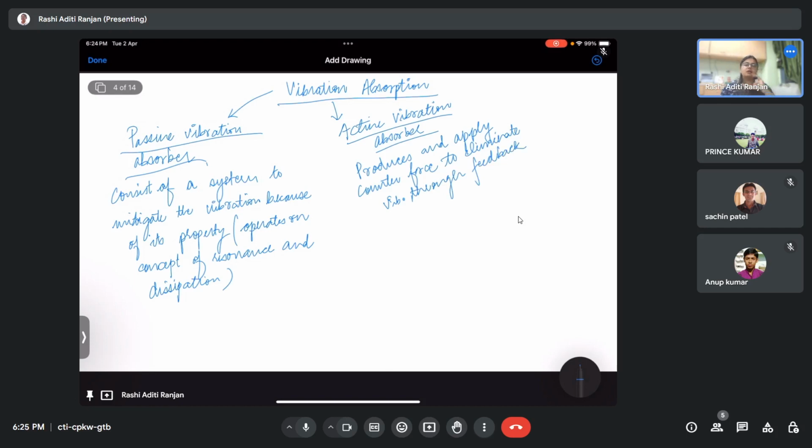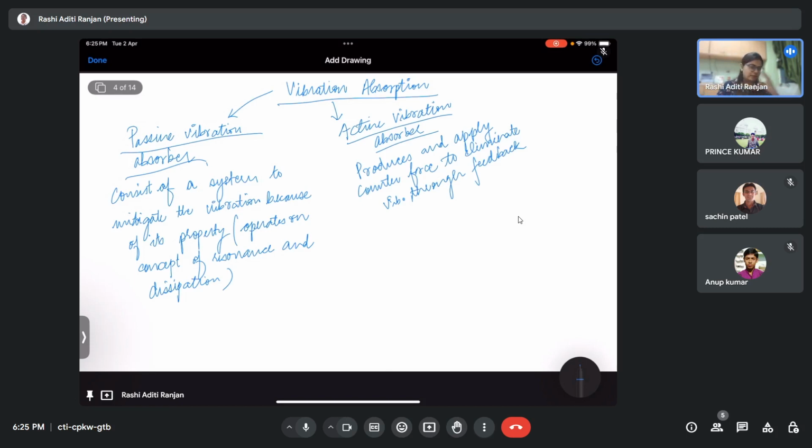Now, feedback, what does it mean? For example, if my system is vibrating, right? If I apply a sensor on it, let us suppose, an accelerometer, what is going to happen? I can take out how the system is behaving with time.